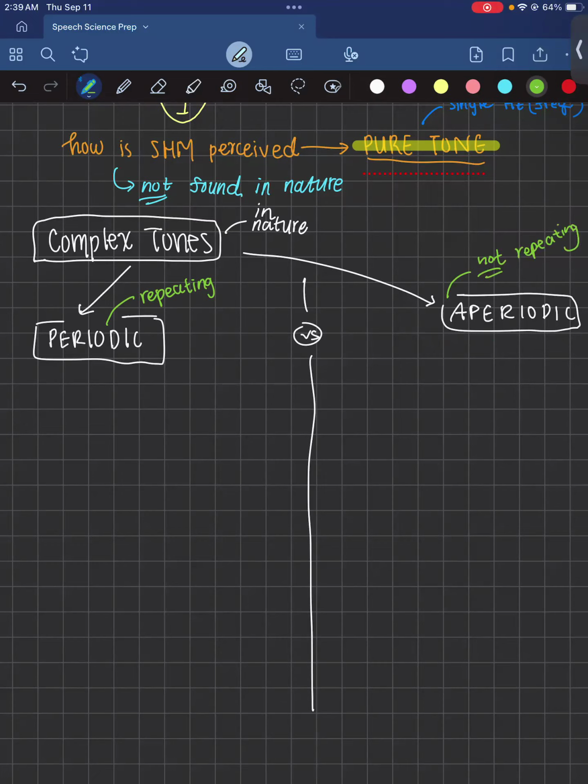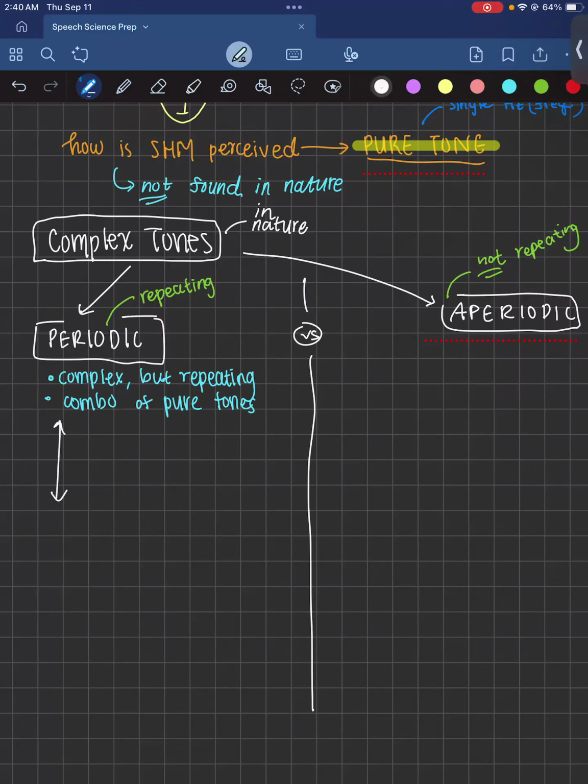Complex tones that are periodic are still complex, but they have some repeating nature. They're basically a combo of a bunch of pure tones. And this is where interference comes in, because all these pure tones have their own sound waves and they're interfering with one another, so they sum up or combine to become this complex tone.